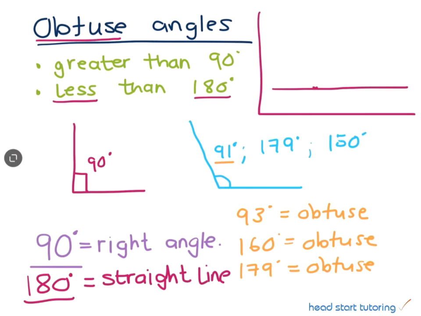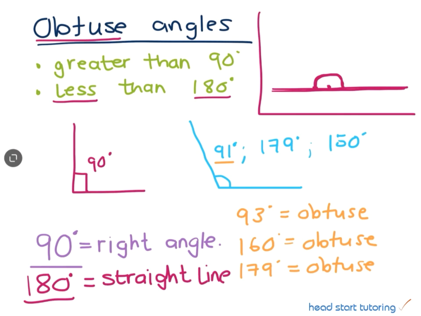It goes from one point over to another point. So there's your center point. And if you were to measure this angle, it just forms a complete straight line. So 180 degrees is equal to a straight line, and 90 degrees is equal to a right angle.